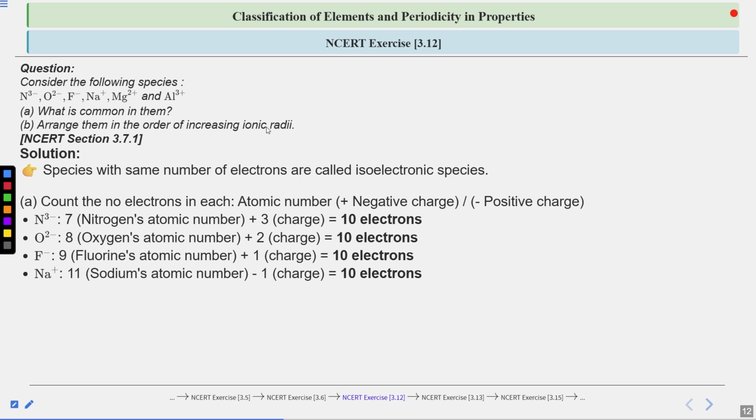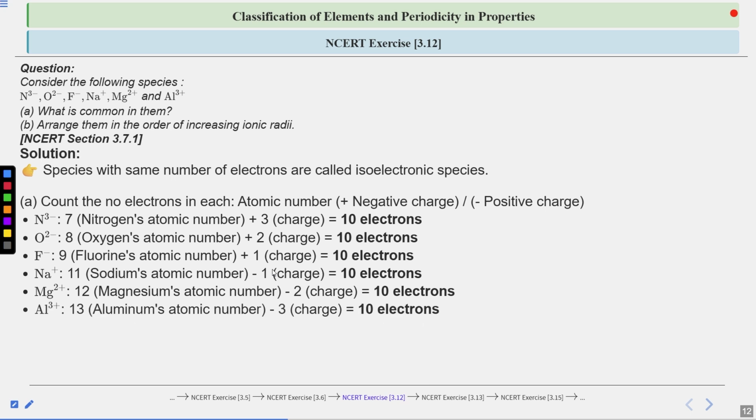Since the charge is positive, we will subtract 1 from it. 11 minus 1, 10. For magnesium 2 plus, we will subtract 2 from 12, which is the atomic number of magnesium. And lastly, for aluminium, we will subtract 3 from 13. So what you can see in all of this is that they all have the same number of electrons.